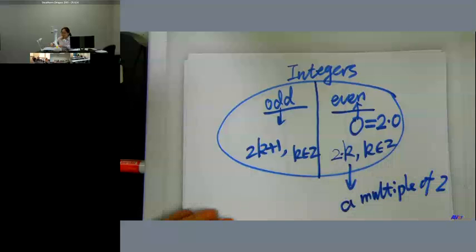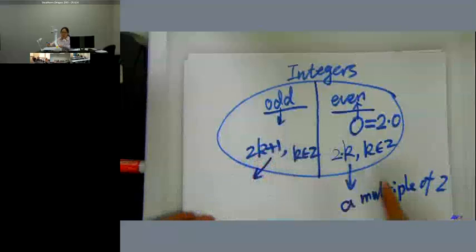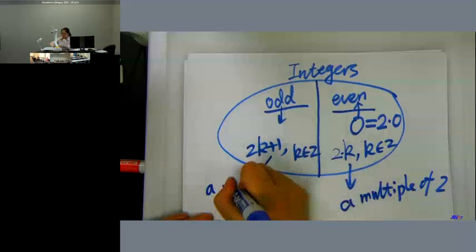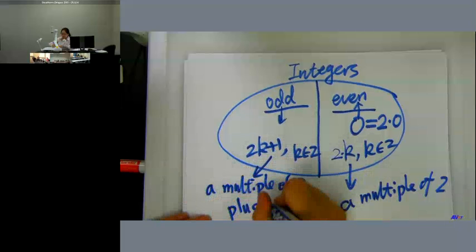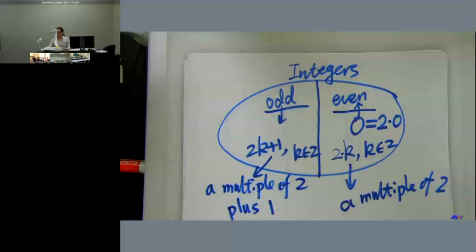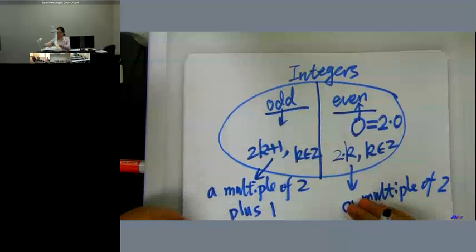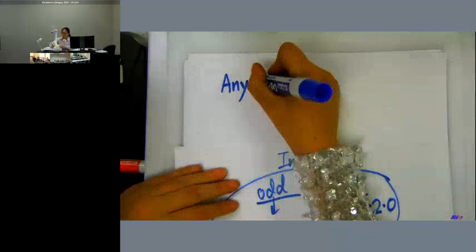By looking at the definition, 2 times the integer, that's a multiple of 2. Okay. Well, so what about an odd integer? It's not a multiple of 2. And it will be a multiple of 2 plus 1, right? Another approach, take any integer. If I ask you to divide it by 2, what are the possible remainders you will get?